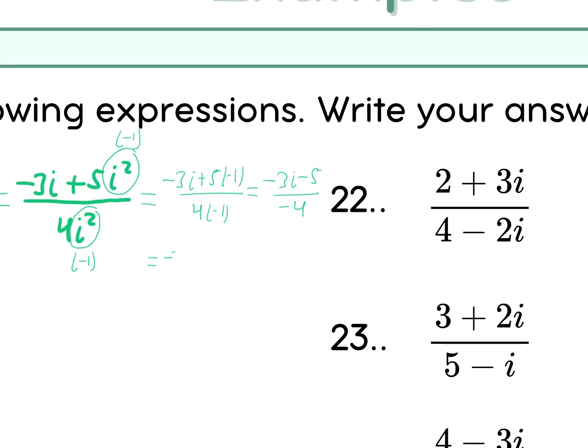I'm going to make this into a -3i over -4 plus a -5 over -4. I want my real number first, which is going to be a -5 over -4. Crossing out those negatives is going to give me a 5 over 4. Same thing over here, crossing out these negatives is going to give me a positive. And I'm going to have my imaginary number second. All right, so this is my answer in standard form.